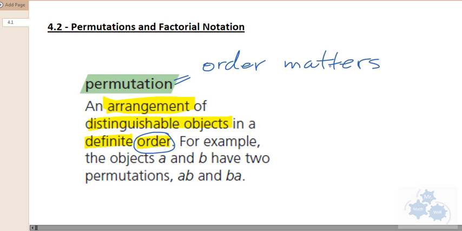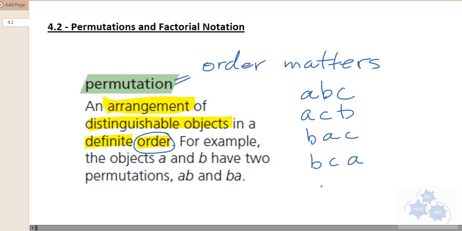Order matters. And so if we have A, B, and C, let's just say we have 3 children lining up for water. Well, we could do ABC, we could do ACB. That's a different permutation. We could have BAC, we could have BCA. None of these are the exact same order, right?